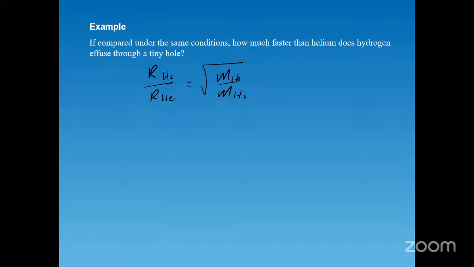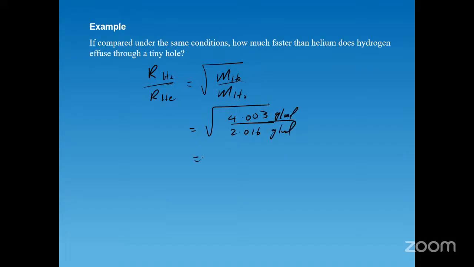So what I'm going to do now is go to the periodic table and look up the molar mass of helium, which is 4.003. Square root of 4.003. And the molar mass of hydrogen would be 2 times 1.008, so that would be 2.016. So these would both be grams per mole.